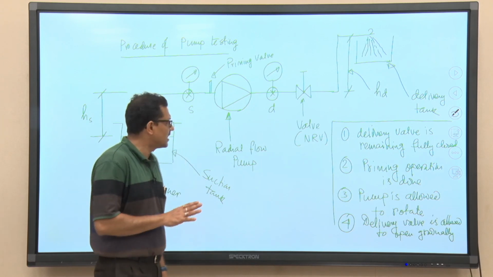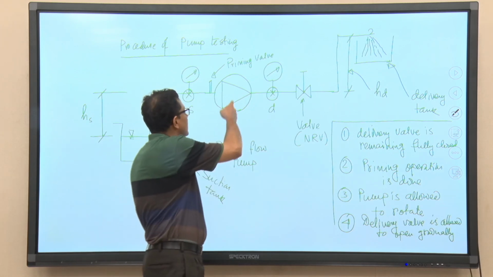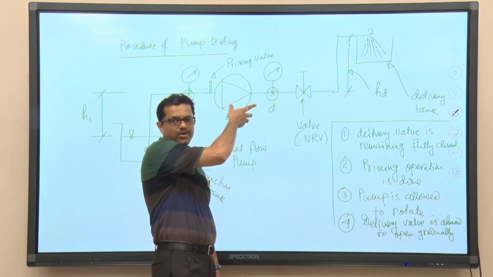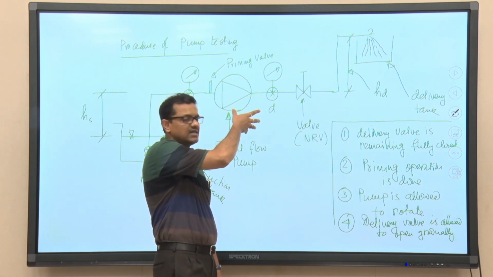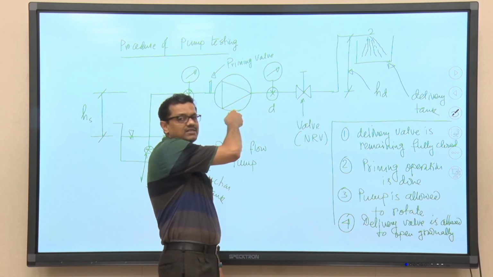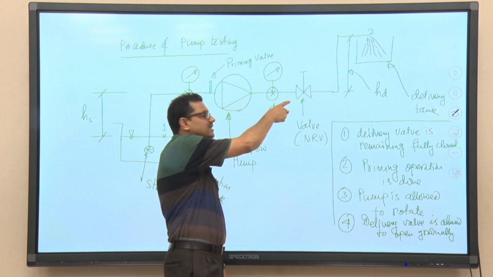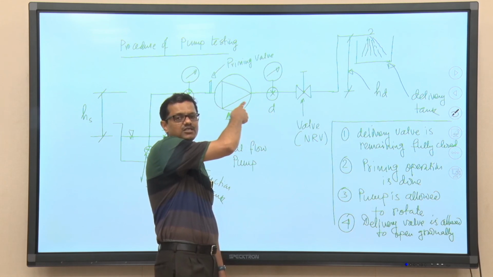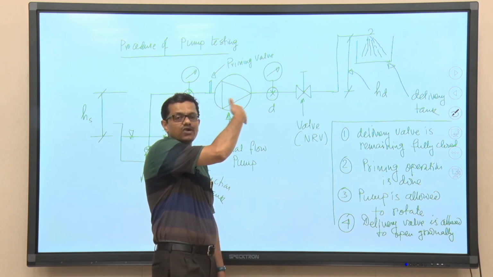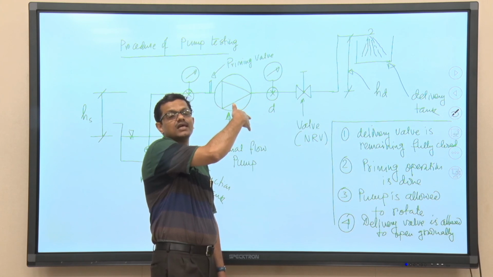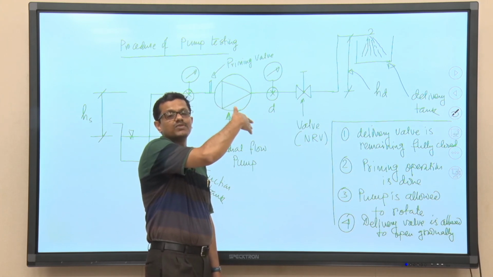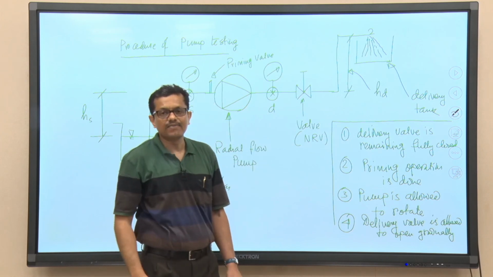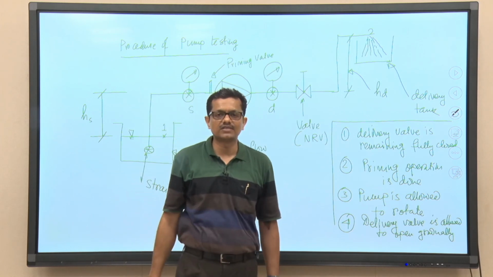For the time being I am mentioning that when I am allowing the pump to run using the prime mover, whether it is an electric motor or diesel engine, it has a certain rpm, but when the delivery valve is fully closed and we are gradually opening it, the speed will be different, but we need to convert what will be the head and the discharge at the rated speed, and to do that we need to apply the affinity law, and that part I will be discussing in the next class.